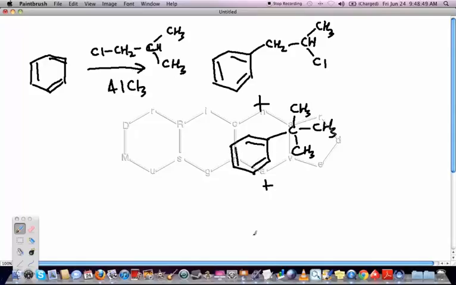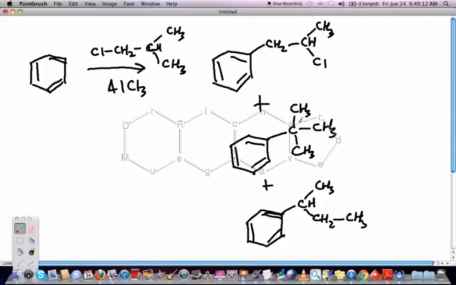And we will also have the secondary possibility as well. So we'd end up with 3 possible products from this reaction.